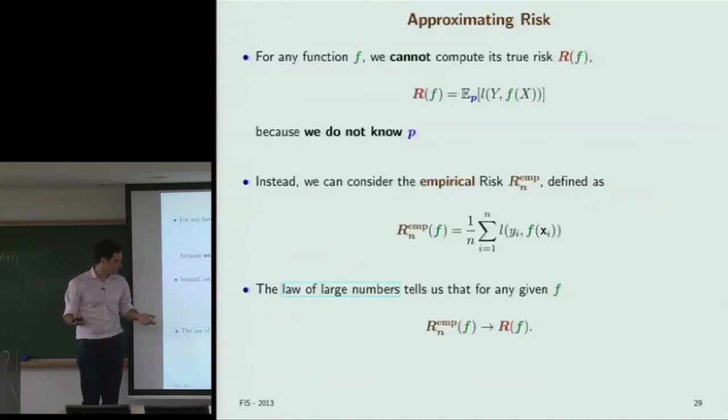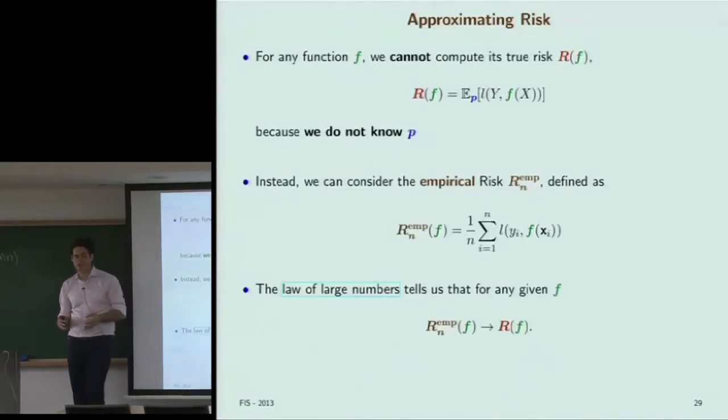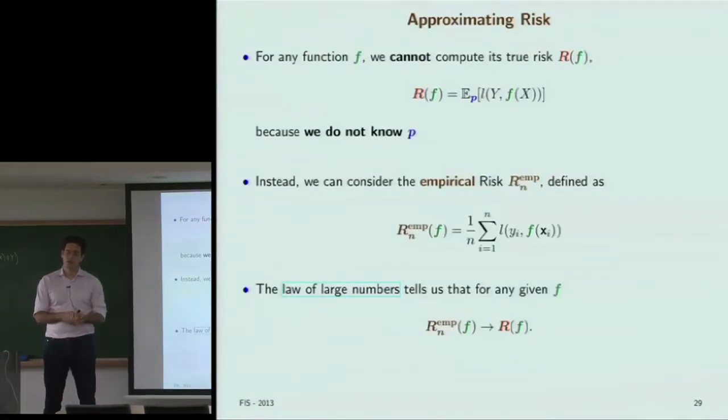So hence one of the reasons why it's important to have IID data. When you have IID data, if you start sampling 1 million, 10 million, 100 million points, then this will start converging to this in many different senses. There are strong and weaker forms of the law of large numbers, and both can apply.